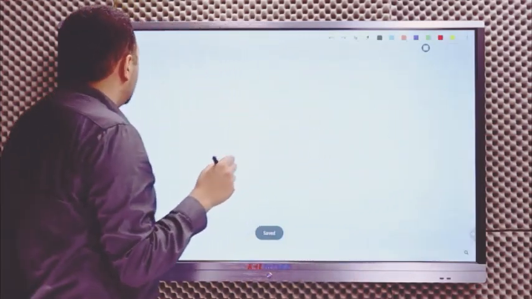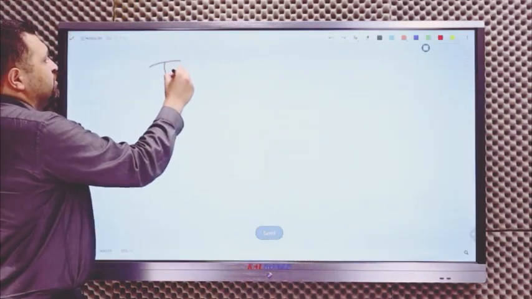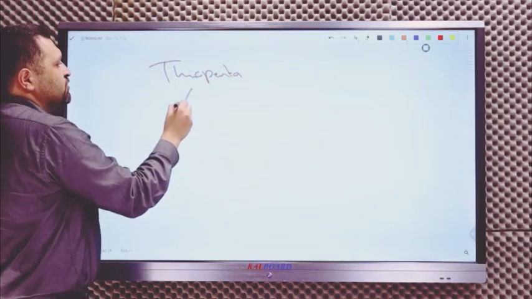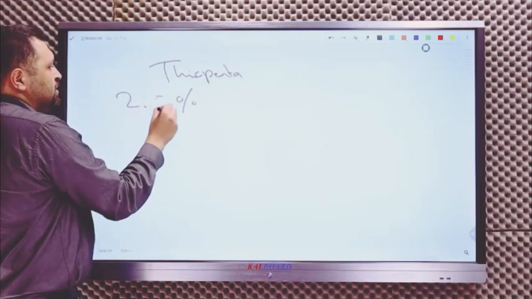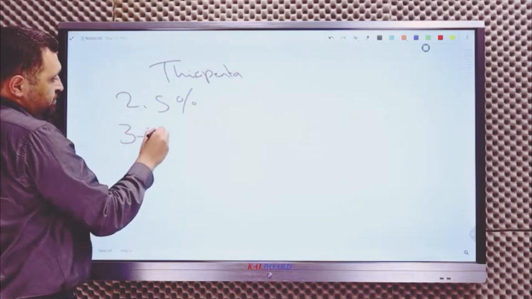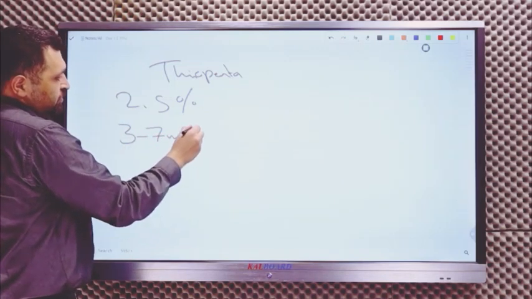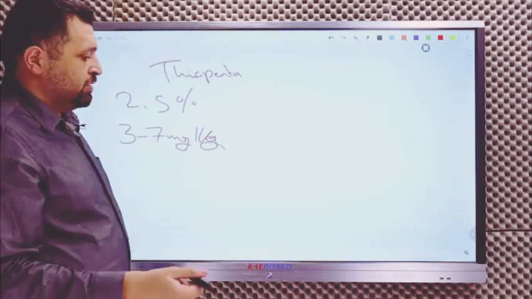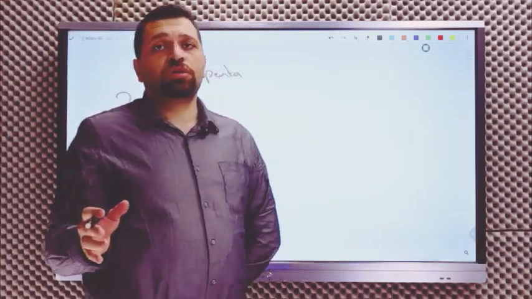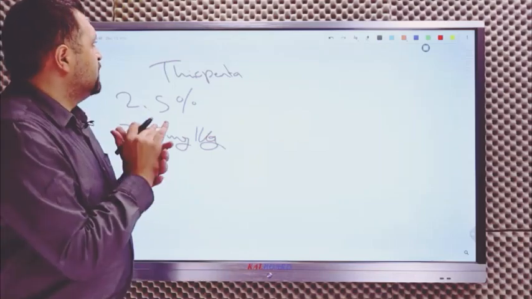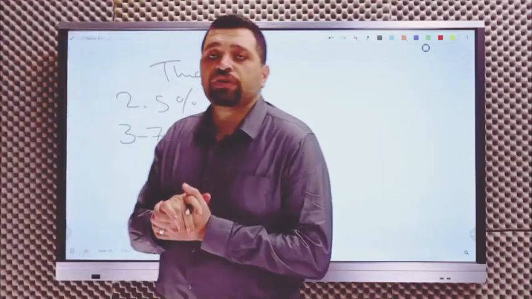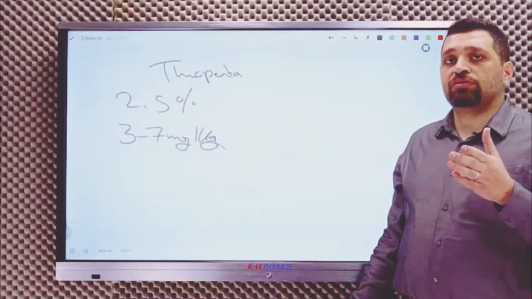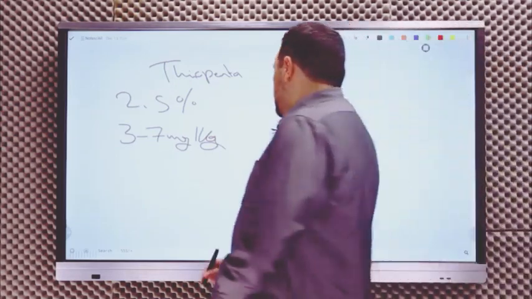So now we talked about thiopental, its concentration, and its dose. And that's amazing. Now we need to know what the effects of thiopental are inside our bodies, other than making us lose our consciousness.